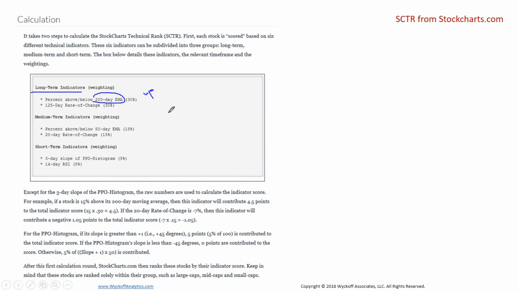So, long-term trend up. And then a 125-day rate of change, the top 30. What is this? This is momentum. So they are basically saying, give me all of the stocks that are long-term up and that have long-term momentum up as well. More short-term here, 125, but still it's a long-term outlook.